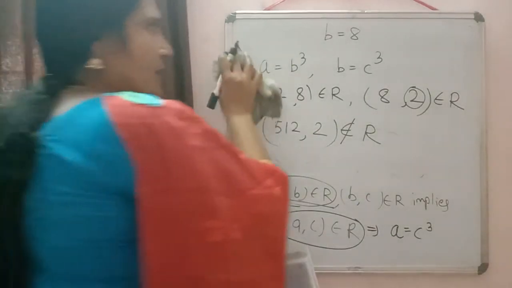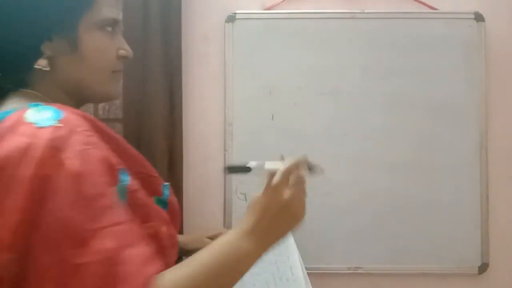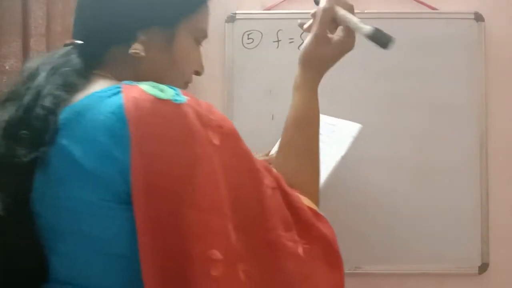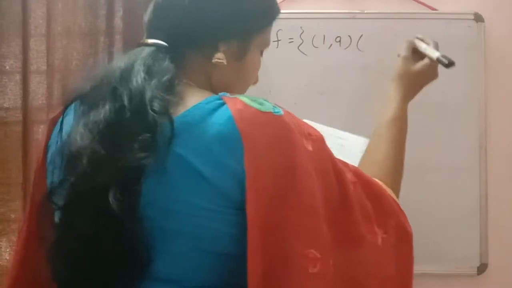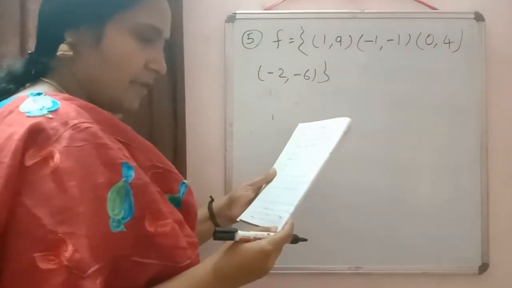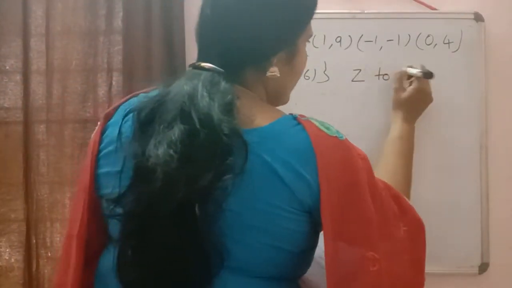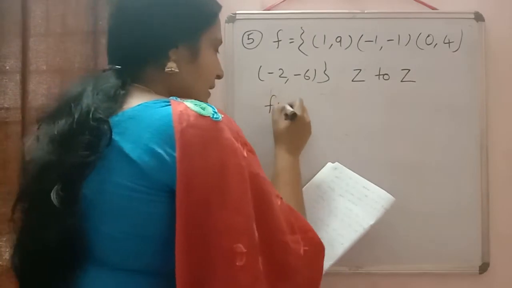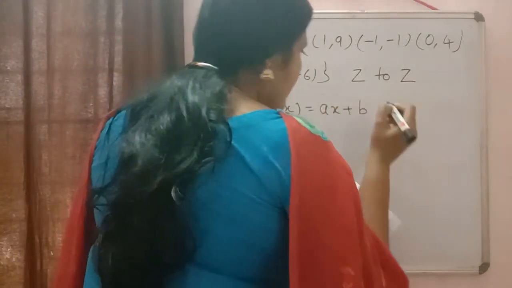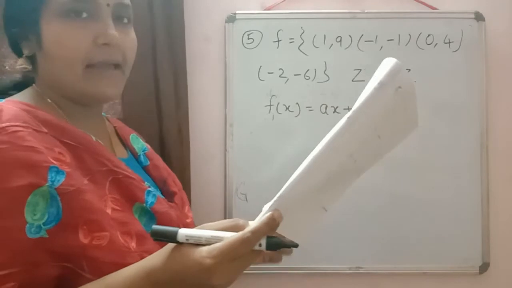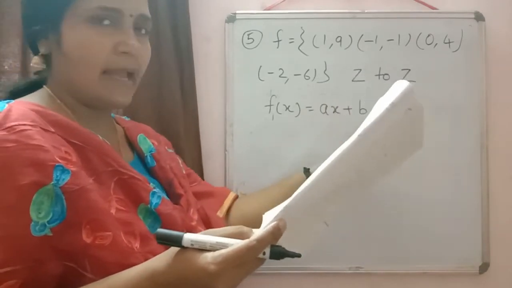Okay. Now write down question number 5. Question number 5 is: let f, set f is given, a function only, {(1, 9), (-1, -1), (0, 4), (-2, -6)}, be a function from Z to Z. Let f be a function from Z to Z defined by f(x) = ax + b for some integers a and b.